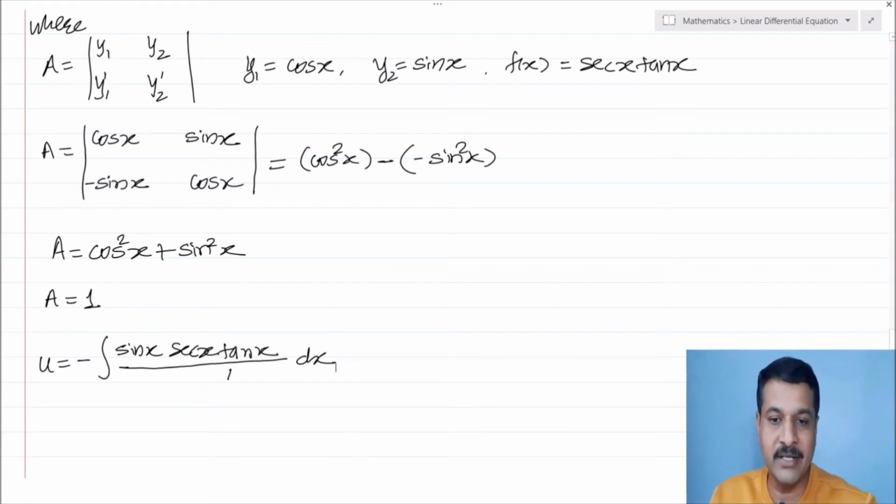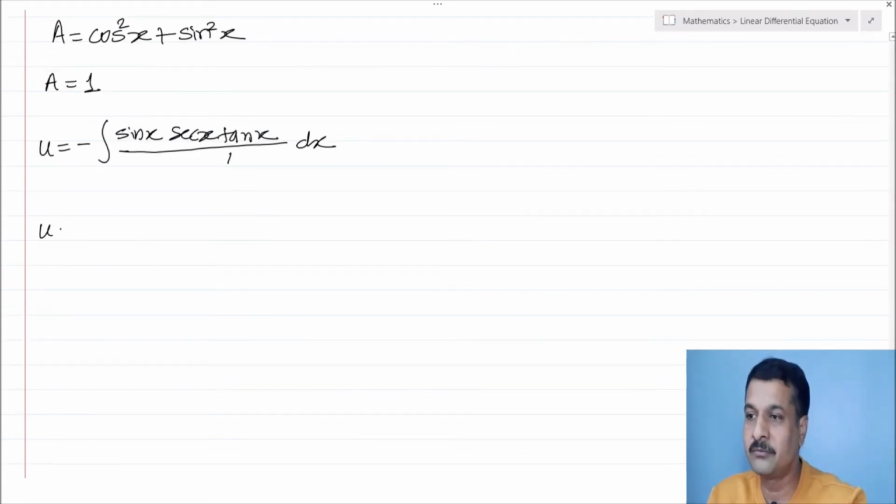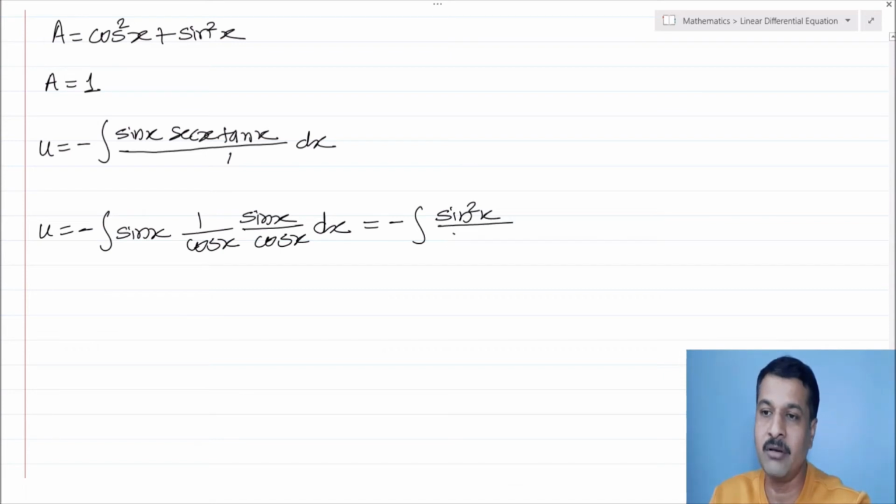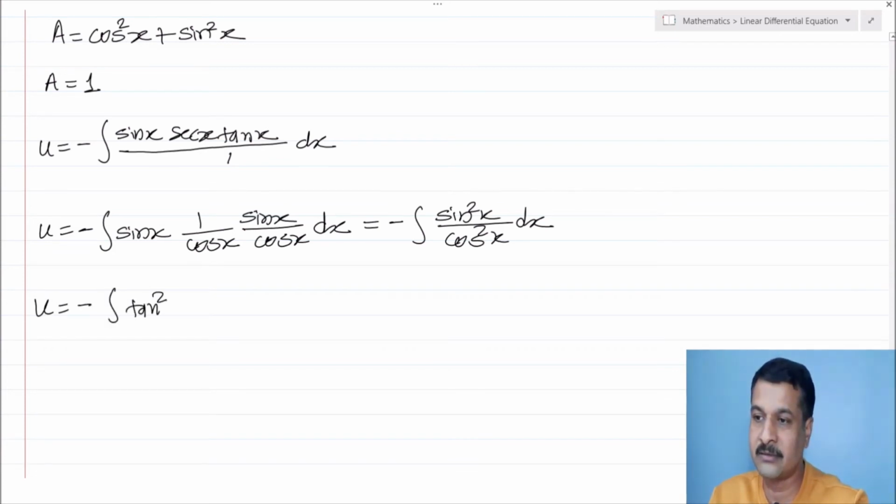And that is why I am getting here u equal to minus integration of this sin x, sec x means it is 1 by cos x, and tan x means what? It is sin x upon cos x dx. So you can observe it is minus integration of sin square x upon cos square x, means it is tan square x. So u equal to minus integration of tan square x dx.